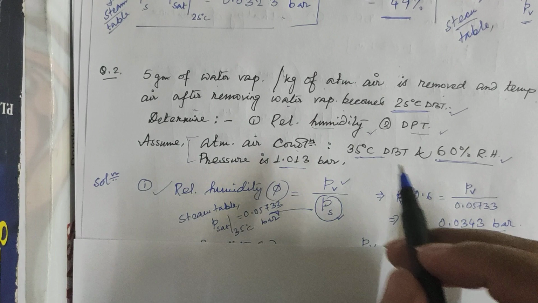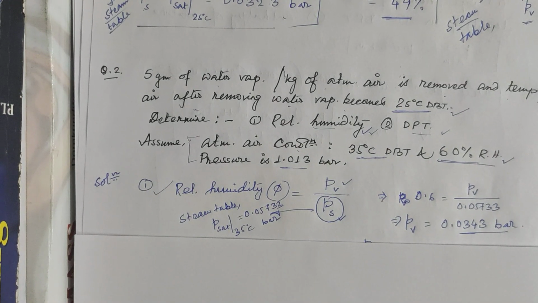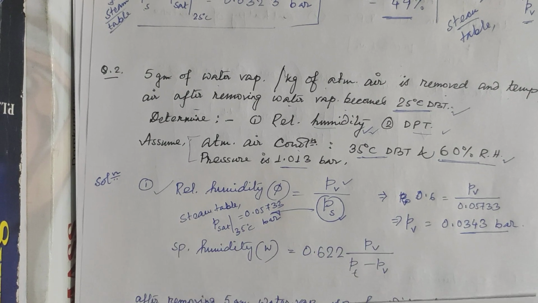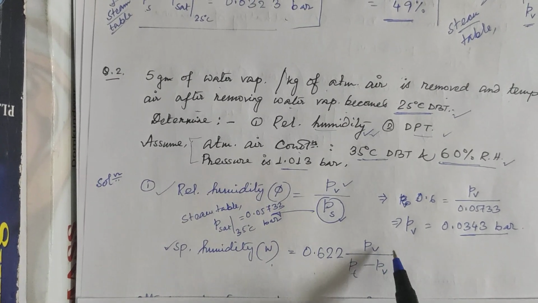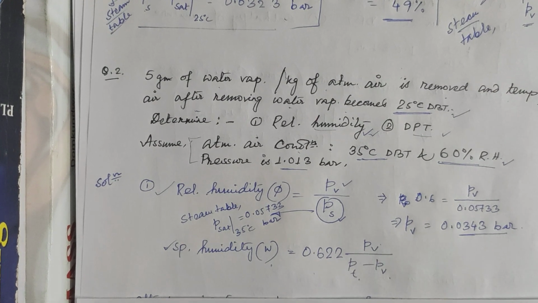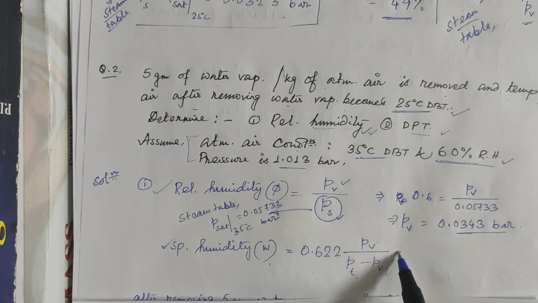But our objective is to find the final relative humidity after removal of the water vapor. From the definition of specific humidity, we can write W equal to 0.622 PV by PT minus PV. Of all these terms, what are the things given?